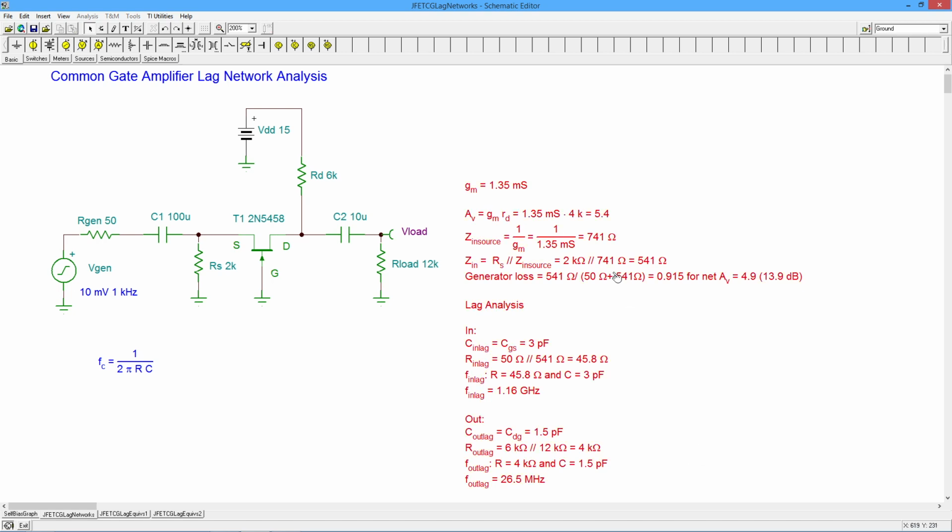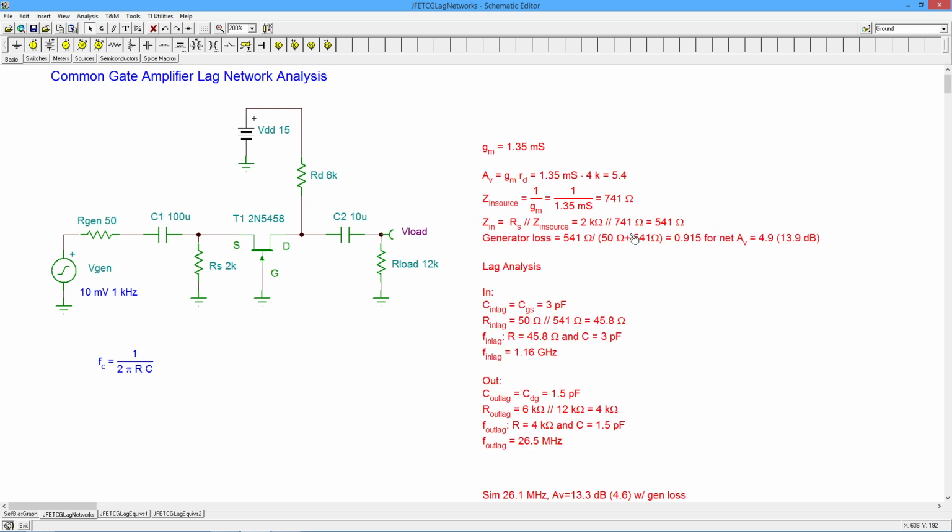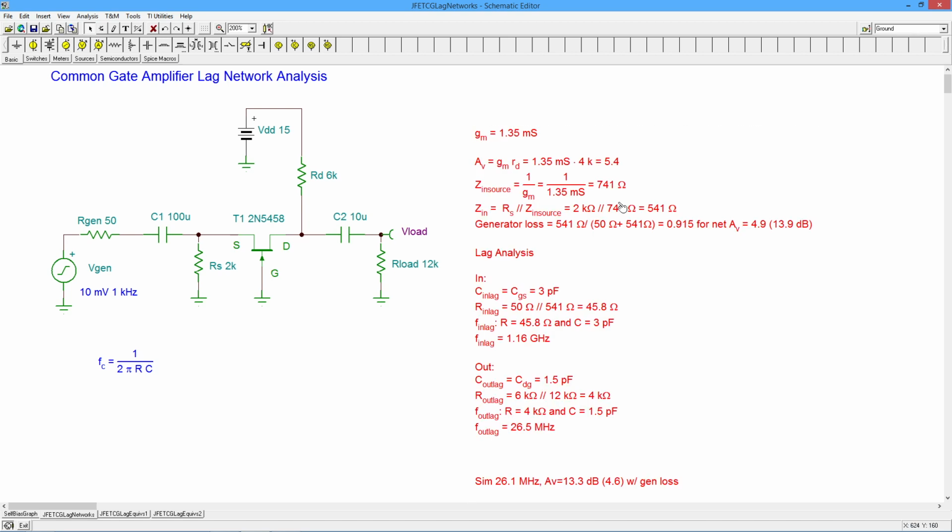And our sim is coming in at 26.1, 26.5 versus 26.1. And on the sim we had a smidge over 13.3 dB with the generator loss, versus our calculated, which was a little under 5, or about 13.9 dB. So looking pretty good, right?